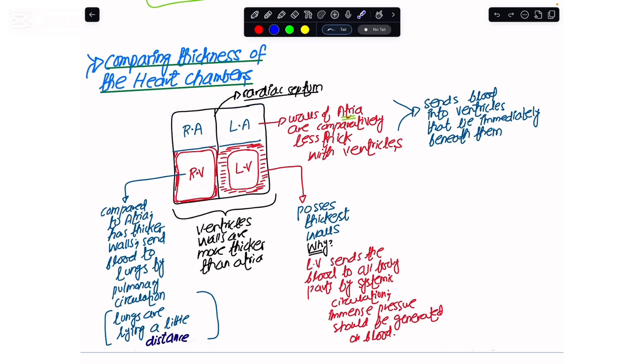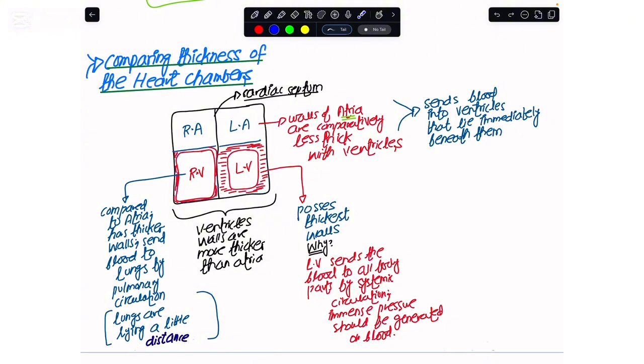The heart overall has cardiac muscles in it. The amount of cardiac muscle fibers in the atria is comparatively less than in the underlying ventricles. Among the right ventricle and the left ventricle, the left ventricle has a greater wall thickness than the right ventricle.